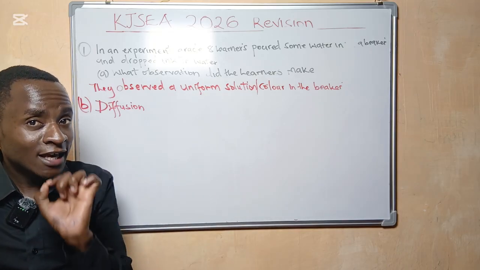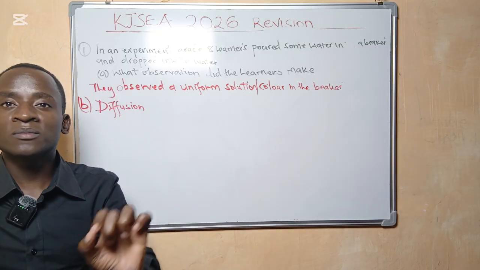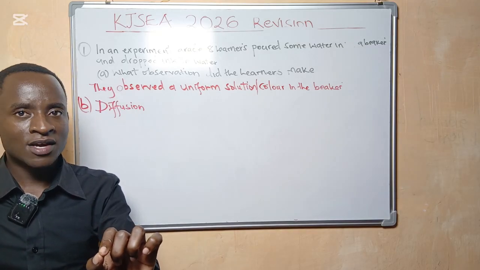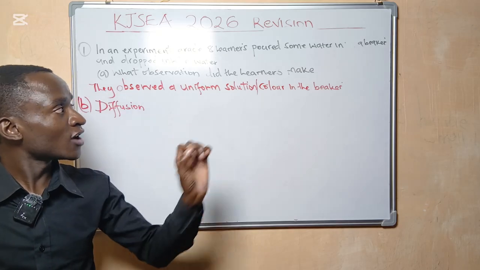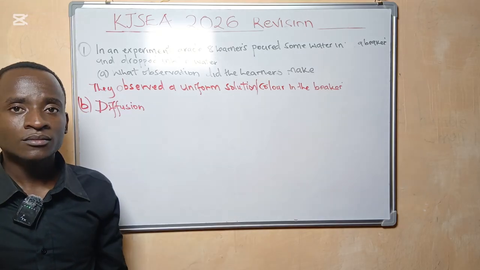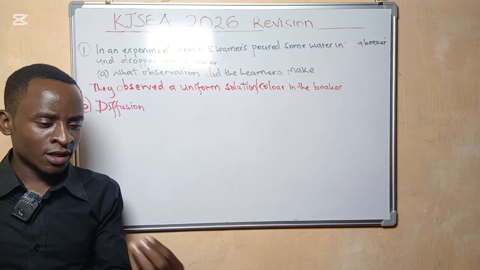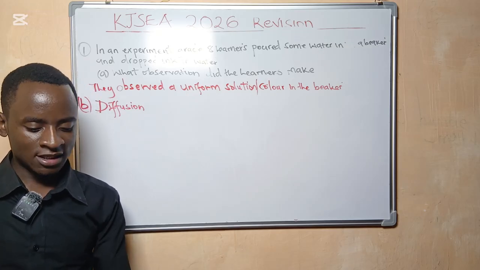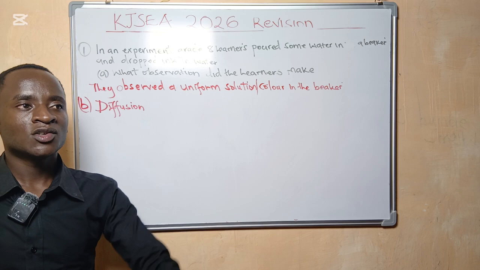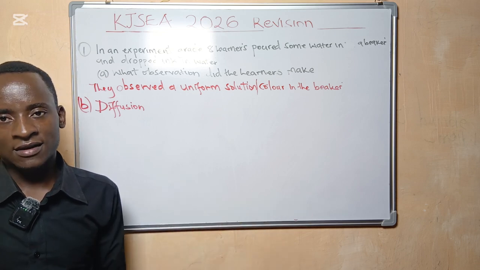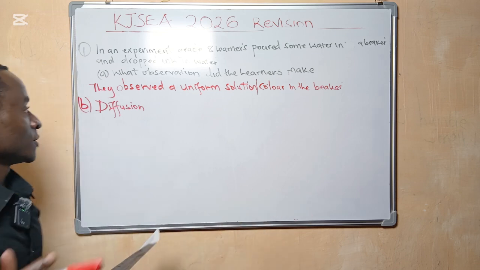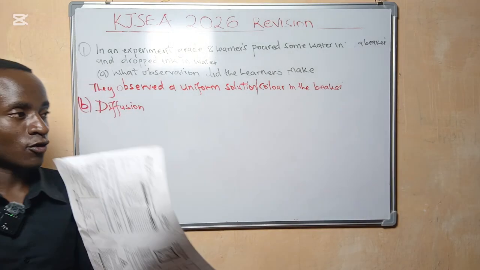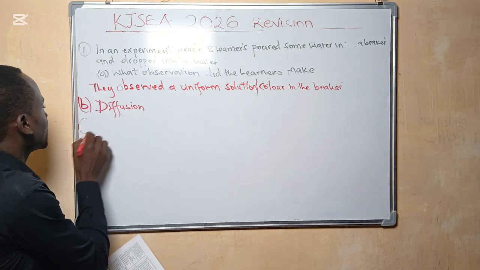That's why we are able to see a uniform color in the entire beaker. That's why we are able to see a uniform solution in the beaker, because the particles of the ink have moved from where they are highly concentrated at the bottom of the beaker to other parts of the beaker, right? So the process which is being demonstrated here is diffusion. Don't forget.